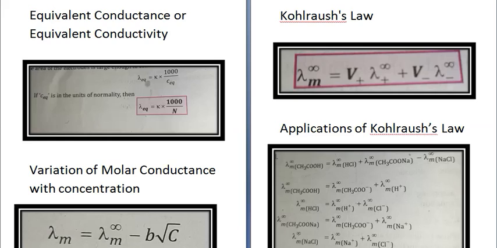So equivalent conductance is given by the symbol lambda EQ. This is equal to conductivity into 1000 upon CEQ.